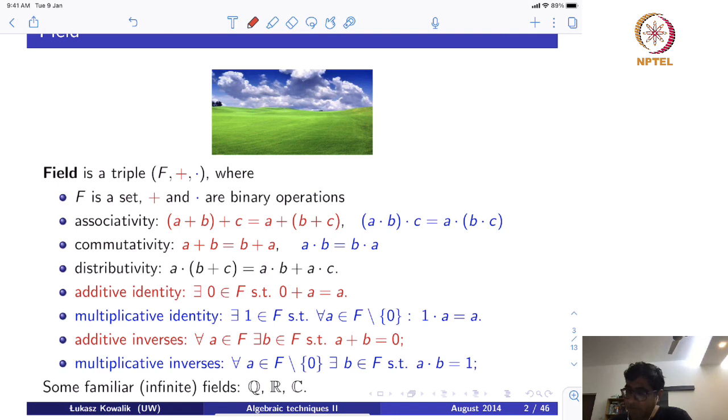While integers are not a field, rational numbers are, because given the number 2 I can give you 1 by 2, and if you give me 1 by 2, I can give you 2, and so forth, as multiplicative inverses. This is a very good exercise to check that fields such as rationals, reals or complex numbers satisfy this property. You could also look up this concept on Wikipedia or the web.